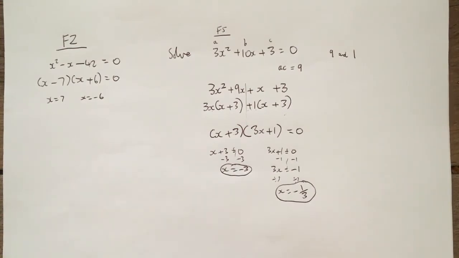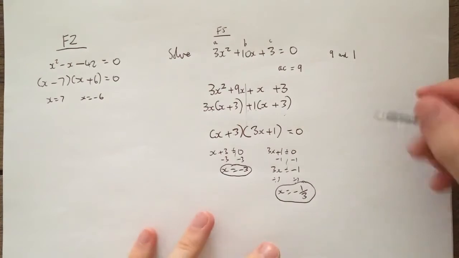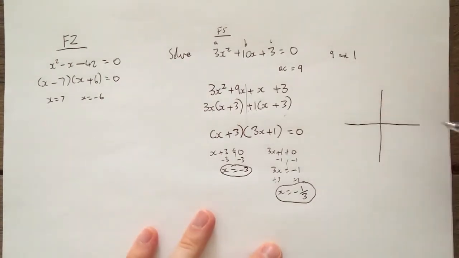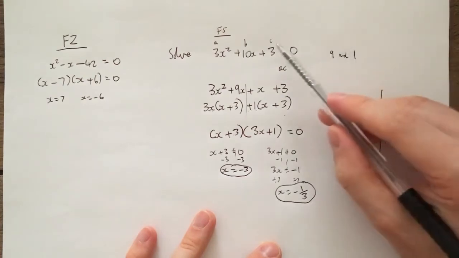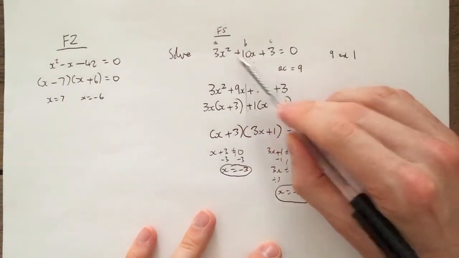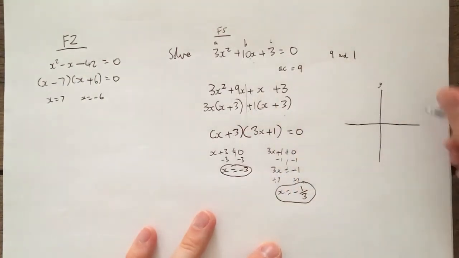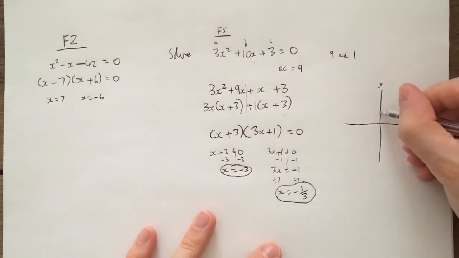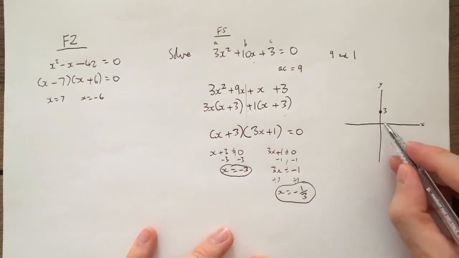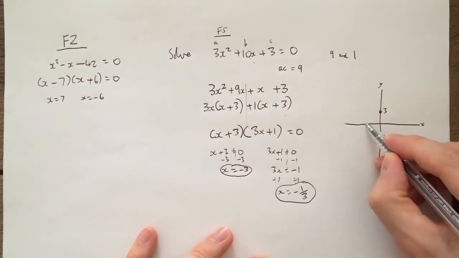Just for those that care enough, which I hope is a lot of you, as a graph, what would that look like? Well, you can see here that when x is 0, the y value is 3. So therefore, we know it's going to go through a y value of 3 here. We know that x equals negative 3, which is going to look a little bit like here.